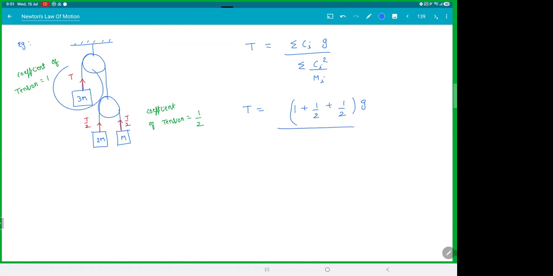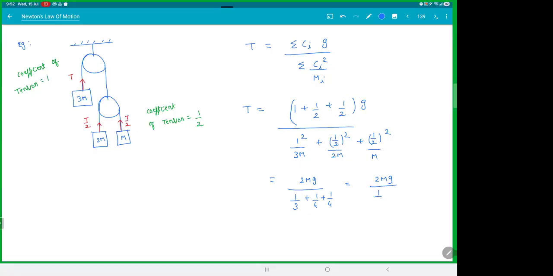Into G, by, what is the coefficient for this? 1. And what is the mass? So 1 square by 3m. This coefficient is half square by 2m. This coefficient is half square by m. So numerator becomes 2g. Denominator becomes 1 by 3 plus 1 by 8 plus 1 by 4.